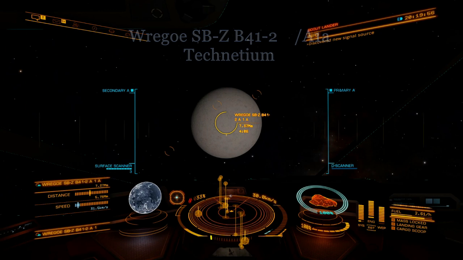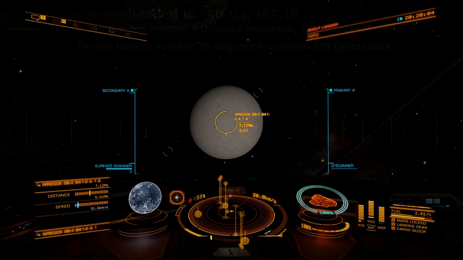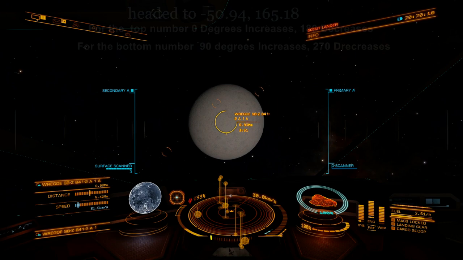So before we approach the planet, there are 4 numbers that you need to concern yourself with when navigating to coordinates. And these are the degrees on the planet that we have to go to.